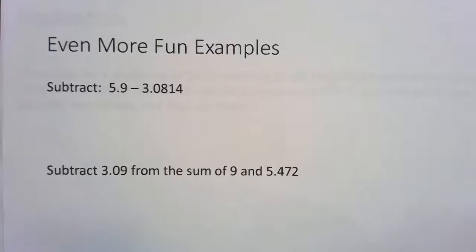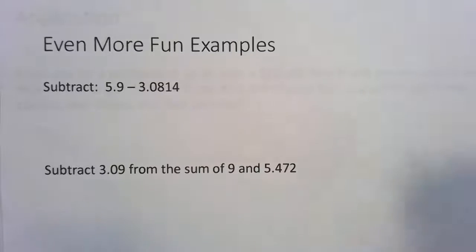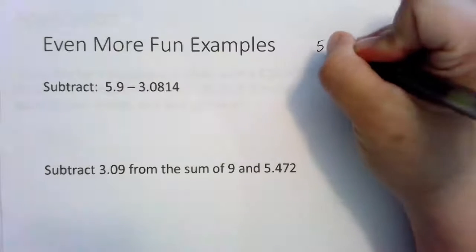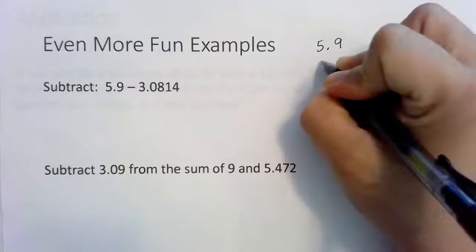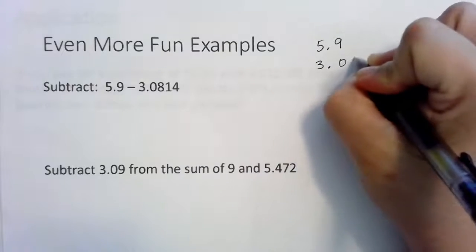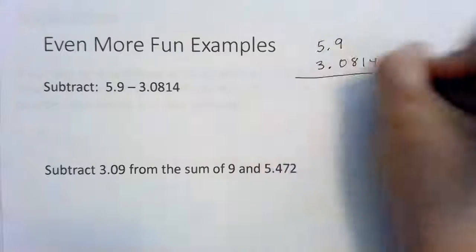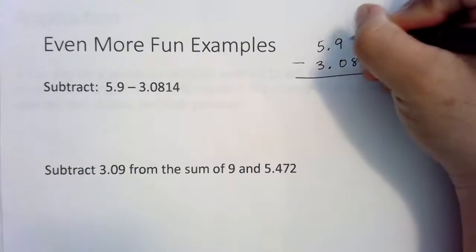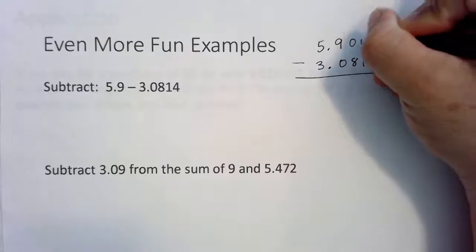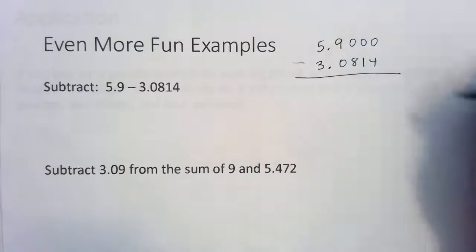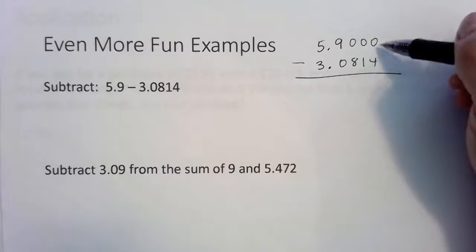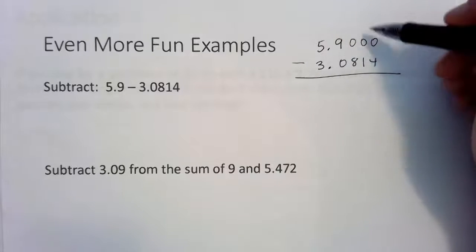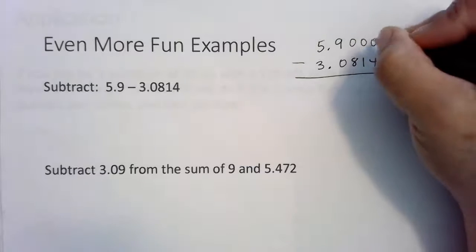Okay, and then even more fun examples. Let's do another one, a subtraction. So 5.9 minus 3.0814. We can rewrite this as 9/10, right? We make sure that it has the same number of decimal places so that we can subtract. So we would just borrow a lot.